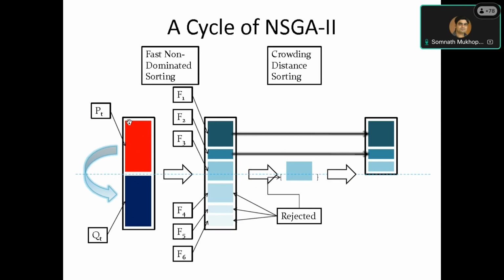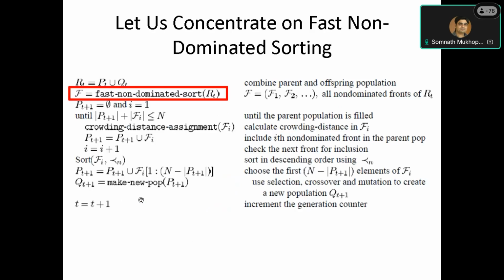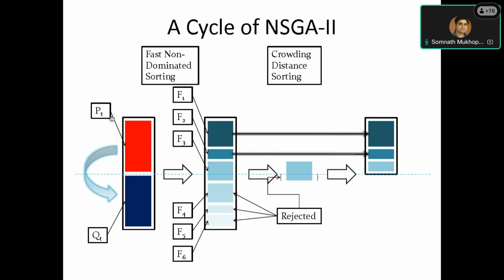So how does it work? It starts with PT, the parent chromosomes. From this parent population, we generate QT, not an exact duplicate, by using selection, crossover and mutation, and then PT and QT are merged.